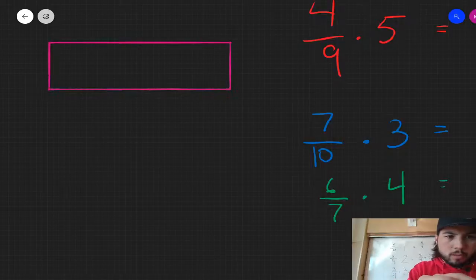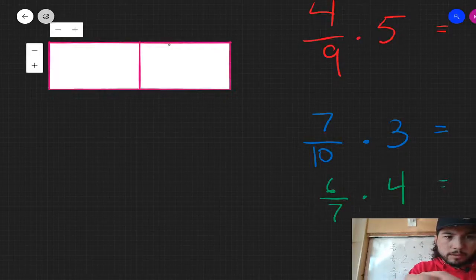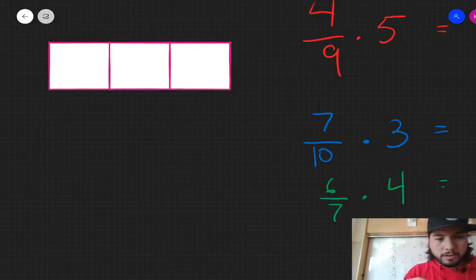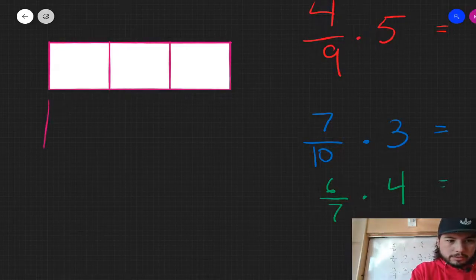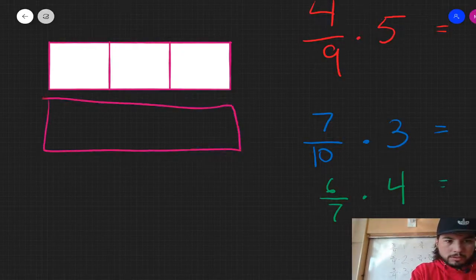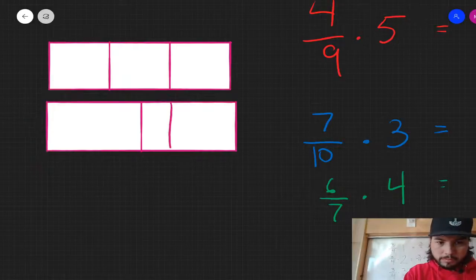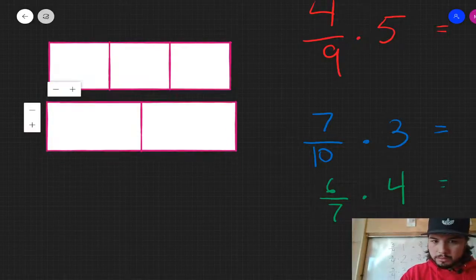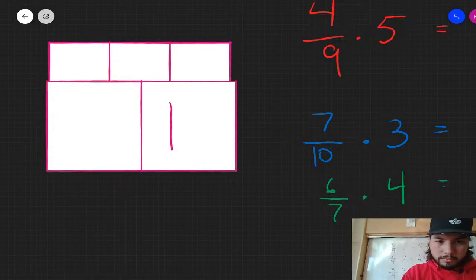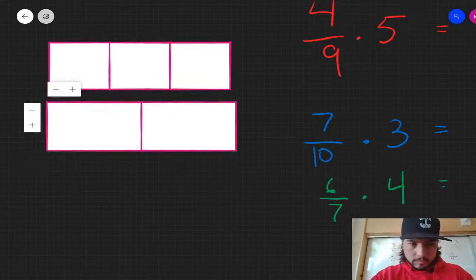So here's our ones bar. There we go. And we're cutting it into thirds. Whoops. Get all the way over there. Oh, come on. I think I've got to go all the way. Nope. Really?